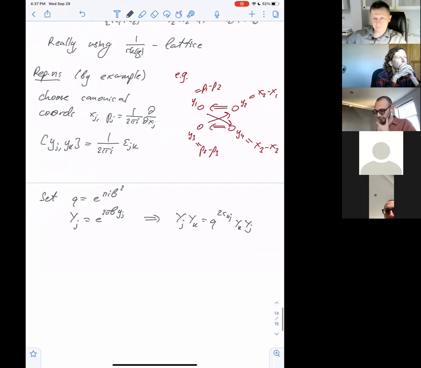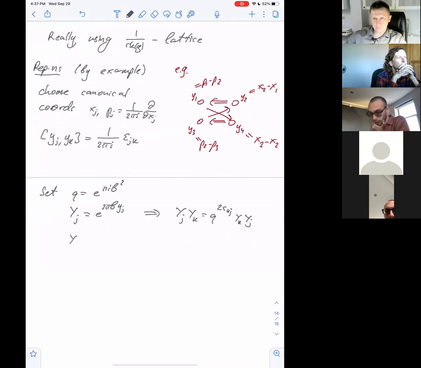For example, y1 becomes e to the 2 pi b p1 minus p2, and y2 becomes e to the 2 pi b x2 minus x1.